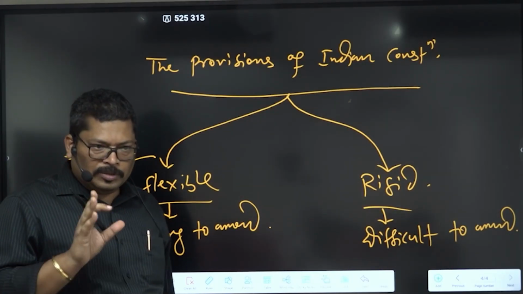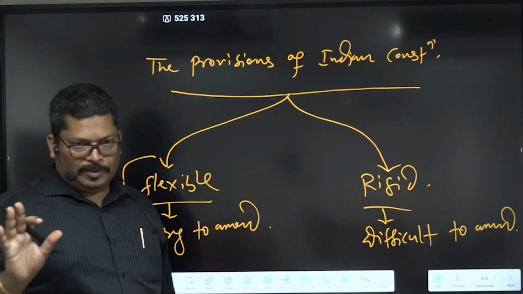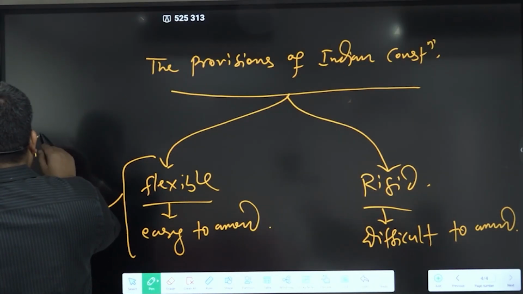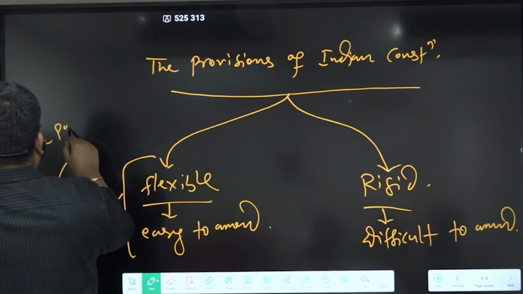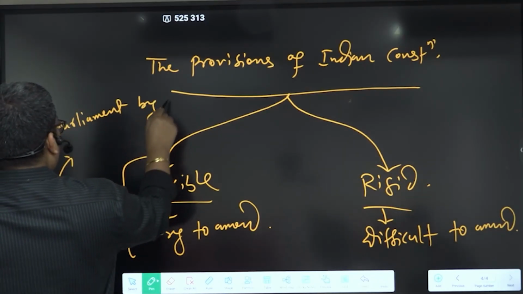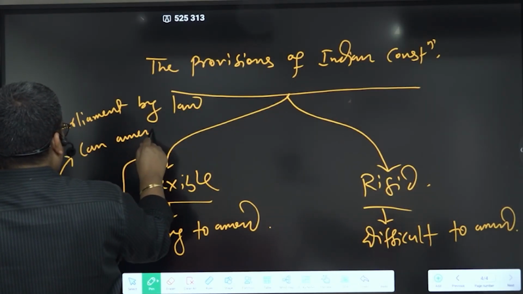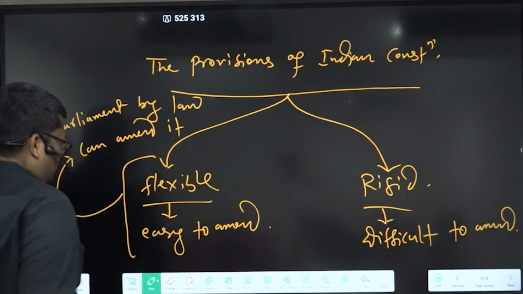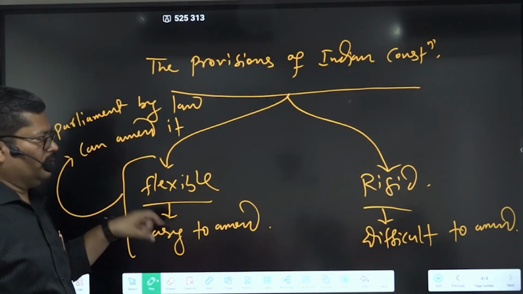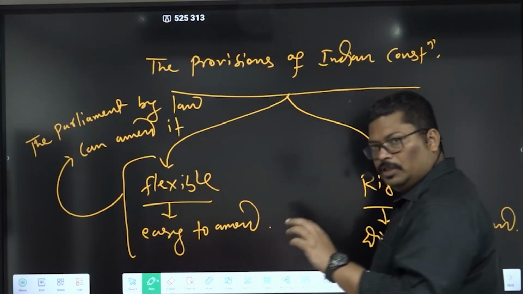Here, law is basically the result of ordinary legislative jurisdiction of the Parliament. And at the same time, here law means ordinary law.